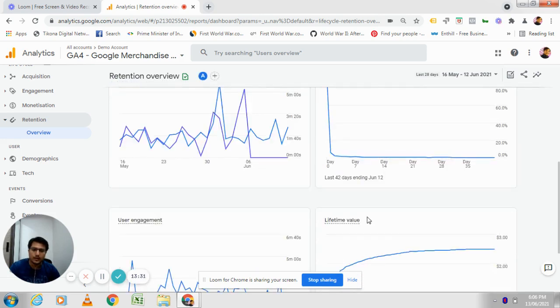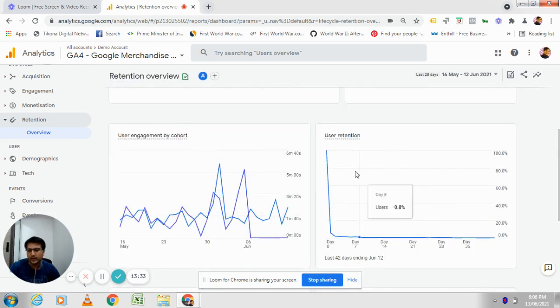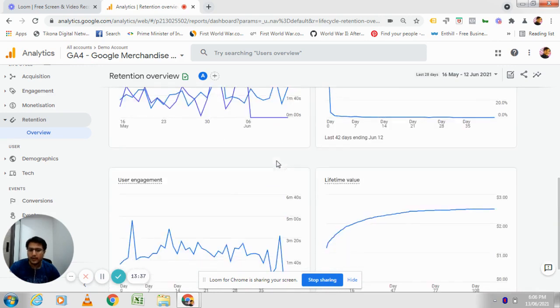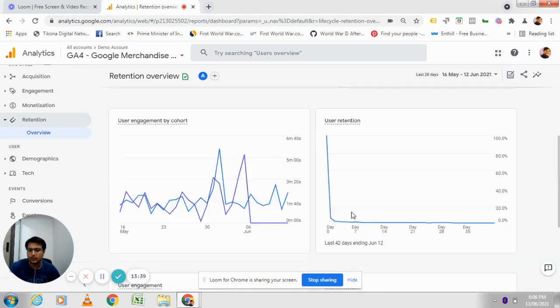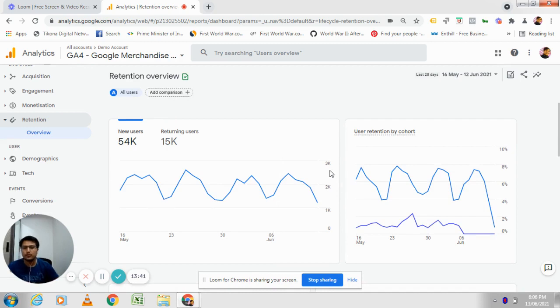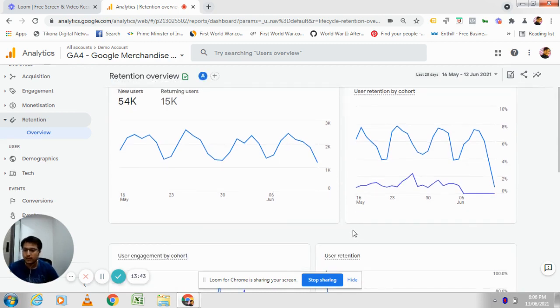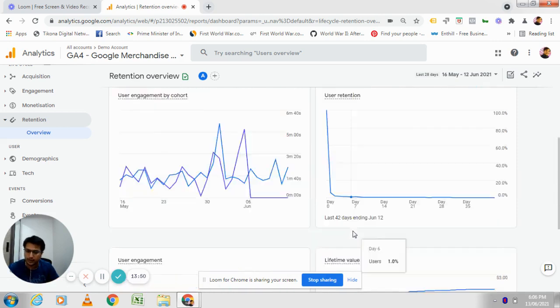So here the user retention is very low, and the same is reflected here also. So what you should do now is, every time you need to engage with your audience with some sort of information, or you should be able to understand what the behavior of the user is.